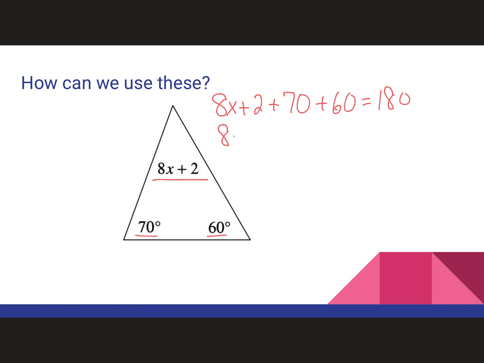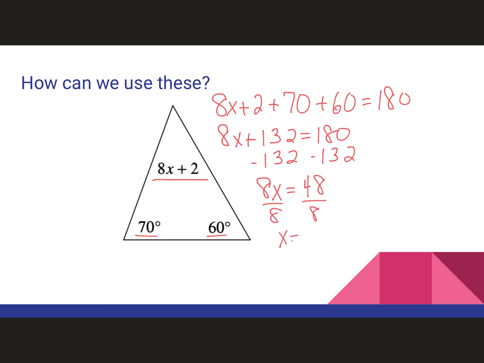So I have 8x plus 2 plus 70 plus 60 is 132 equals 180. Next, I'm going to subtract 132 from both sides. So minus 132 minus 132. I get 8x equals 48. Then I'm going to divide both sides by 8. I get x equals 8.